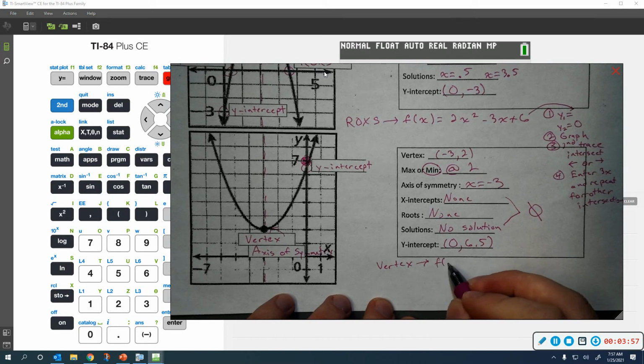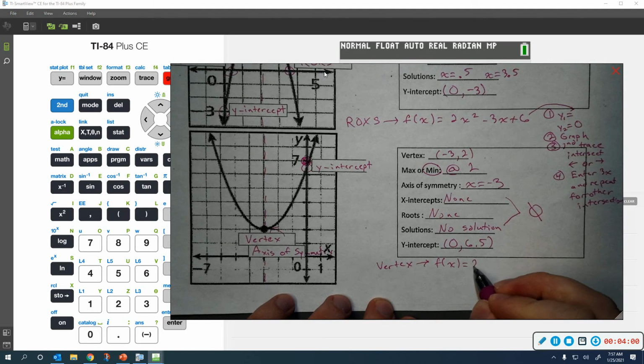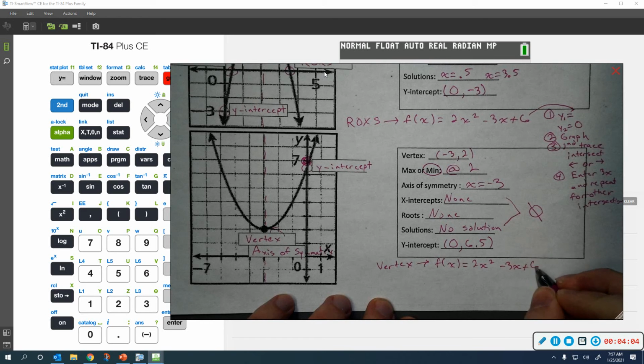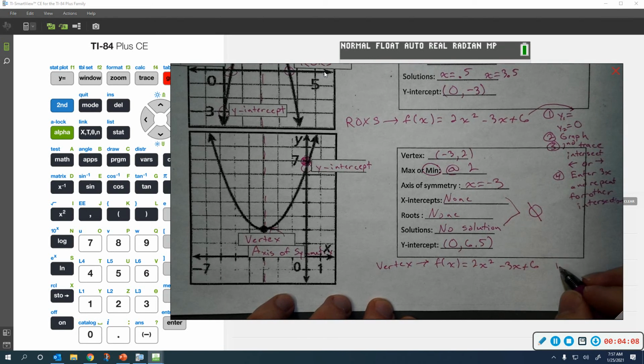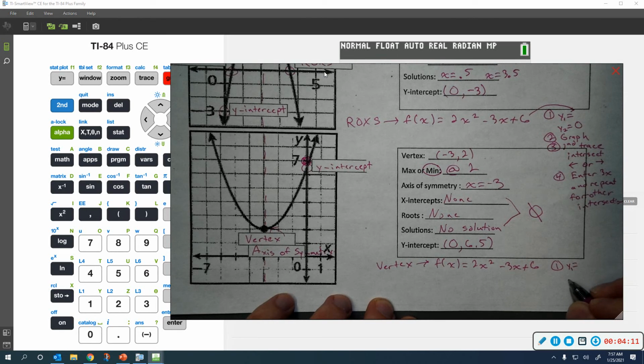So f of x equals 2x squared minus 3x plus 6. Step 1 is still y equals for the y1, and, well, you don't need a y2 for this one. So plug that into y equals. Second step, graph.